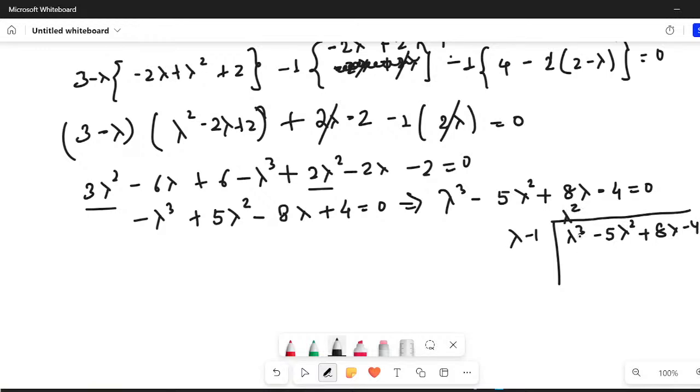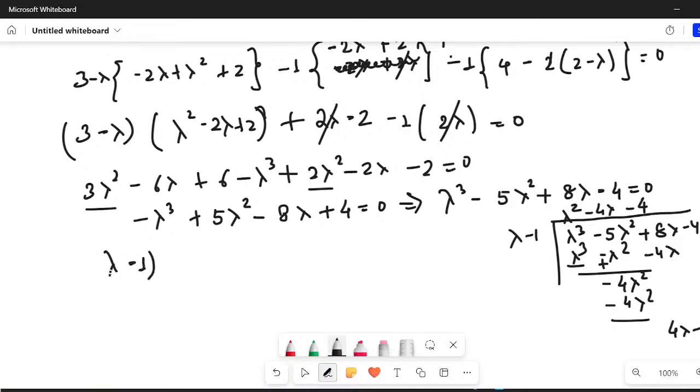So let us say this is lambda square, you will get a lambda cube here, minus lambda square, so it will be minus 4 lambda square, and this minus 4 lambda, so you'll get 4 lambda minus 4. So basically the equation is lambda minus 1 into lambda minus 2 whole square equal to 0. Okay, is that clear?